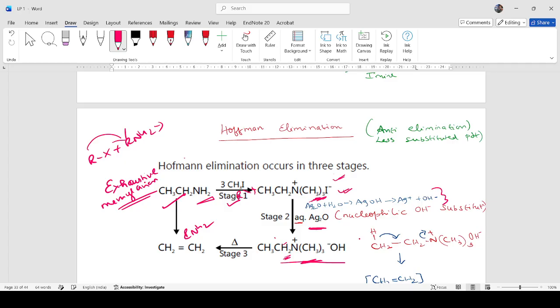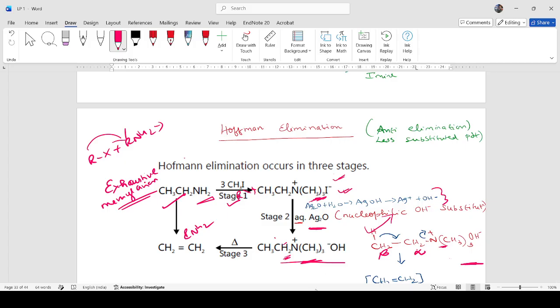I'm just heating it. So what happens? This N plus is attached to the alpha carbon. This is beta. Beta hydrogen elimination as usual. So this moves out, it becomes a double bond, and this moves out. So what you're forming is a less substituted product. Remember, Hoffman elimination is anti-elimination.